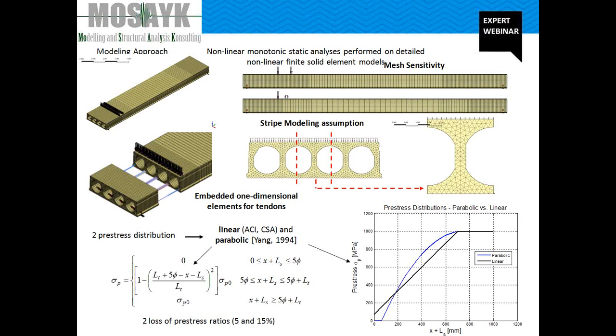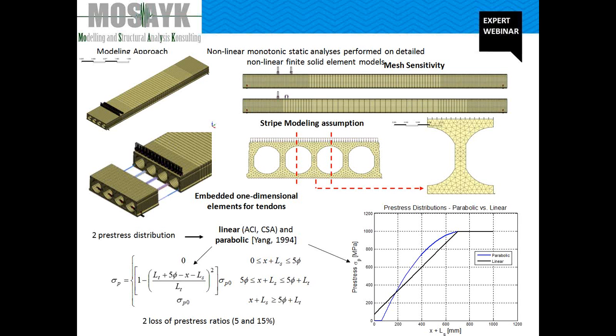2 types of prestress distribution, linear, according to codes like ACI or CSA, and parabolic, according to the scientific literature, were considered to evaluate their influence on the shear strength. In this case, no interface elements were introduced to represent strand concrete interaction, since it is simply captured by an equivalent pre-stress distribution.